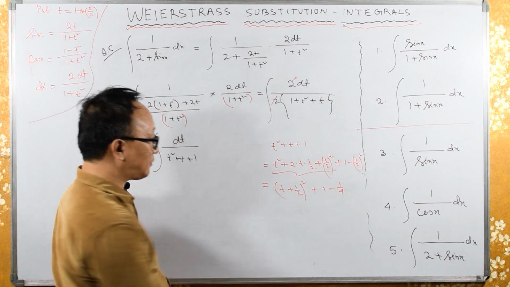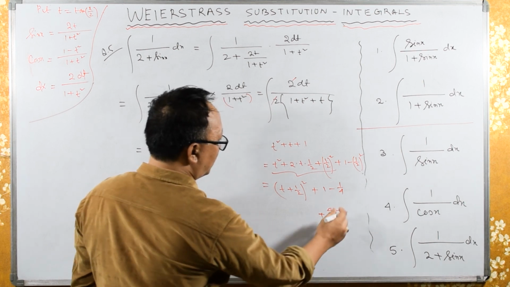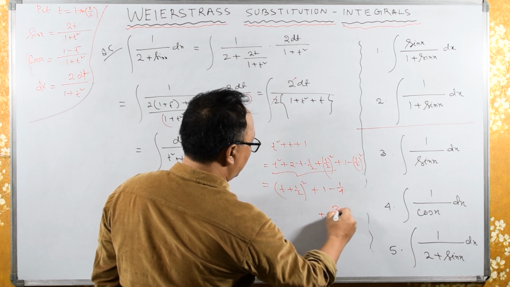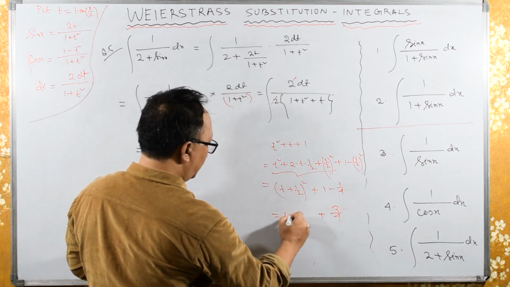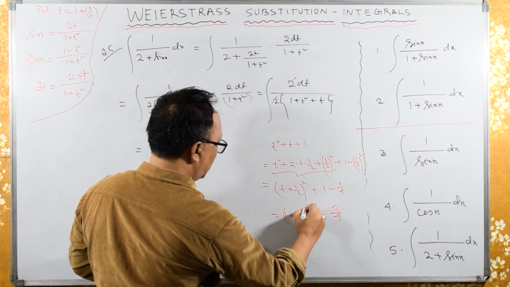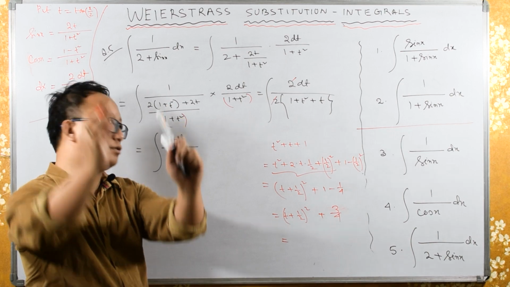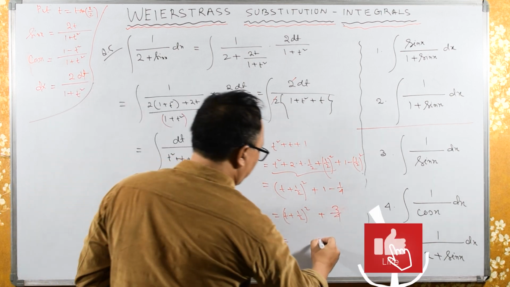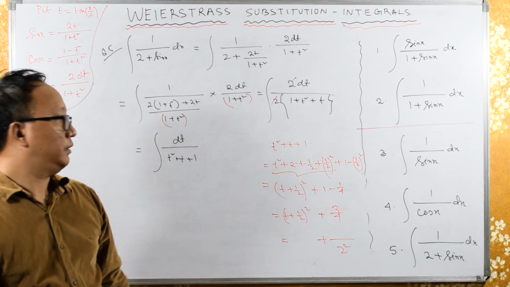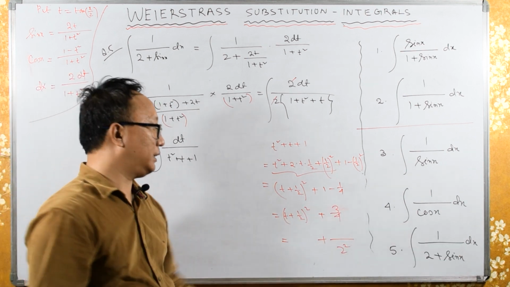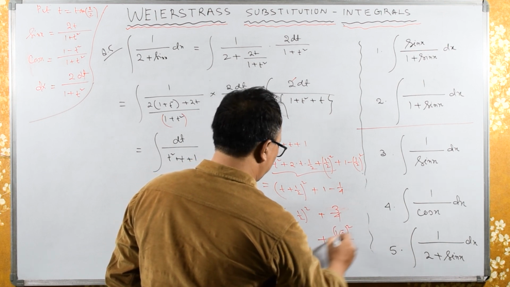Take LCM: 4 minus 1 is 3, so 3 upon 4. I want to write this as something raised to square: for 4 I have 2 square, but 3 is not a perfect square, so I can write root 3 the whole square.